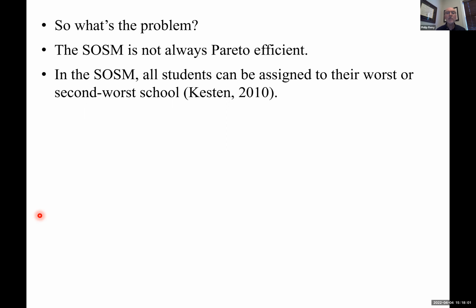And I think for any number of students, there are priority orders for the schools and preferences for the students where this would be the outcome, that the students would be assigned to their worst or second worst school. And Kesten, a very nice paper in 2010. This is just one of the many things that he does in this paper. And I'll talk more about Kesten's paper shortly.